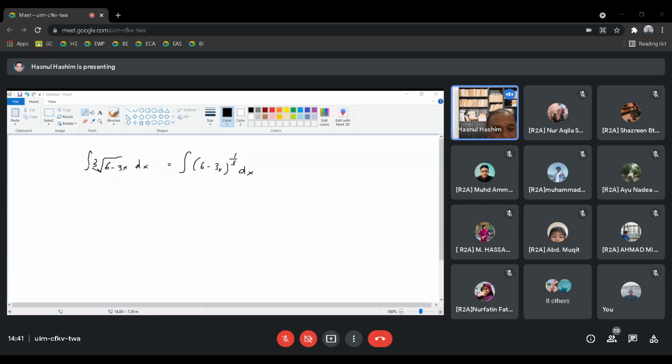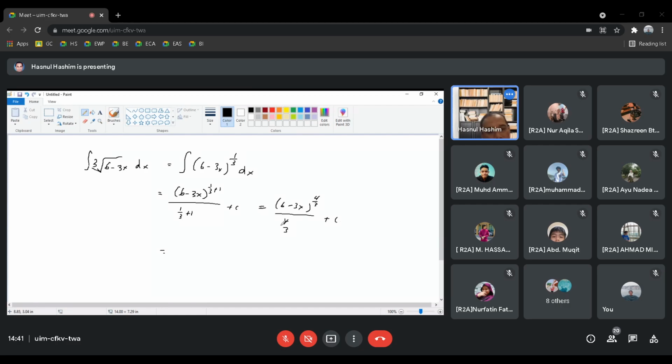When you differentiate, this one will be (6 minus 3x) to the power of 1 over 3 plus 1, over 1 over 3 plus 1. So it's going to be (6 minus 3x) to the power of 4 over 3, divided by 4 over 3, plus c.